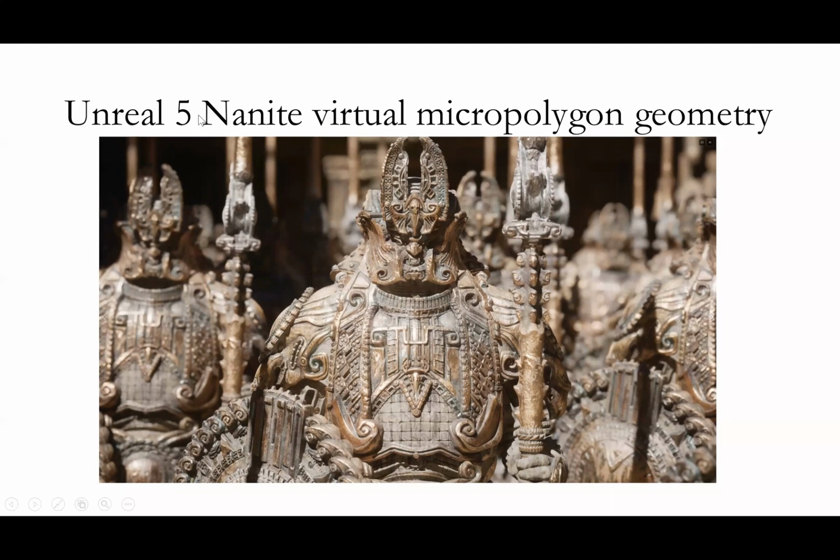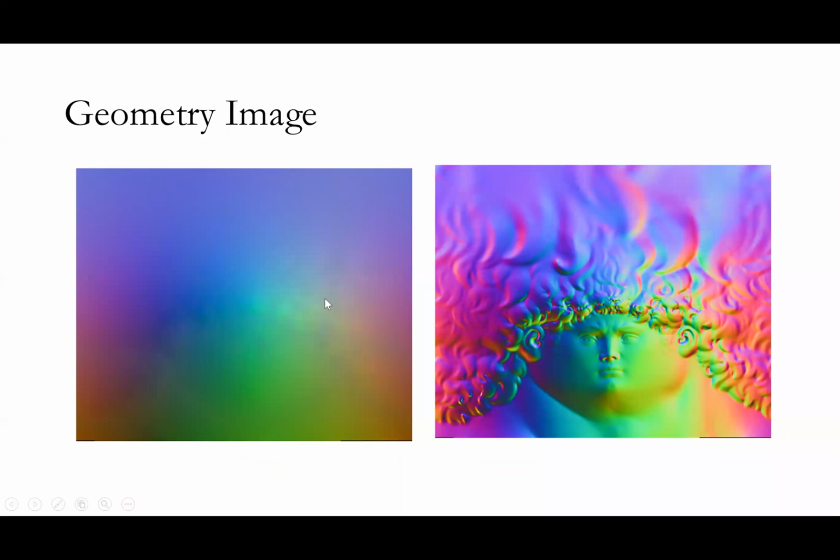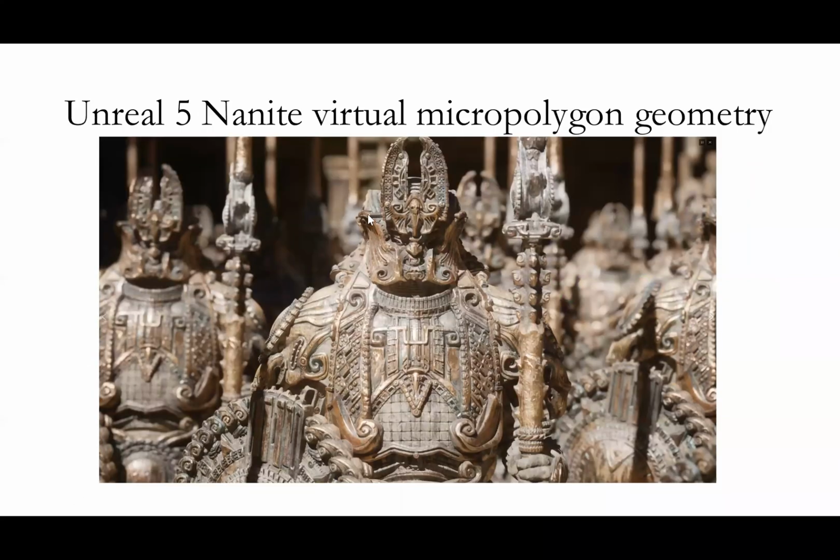So we know that Unreal Engine 5 has invented a new method called Nanite virtual micro-polygon geometry. For this warrior model, there are millions of small triangles, so the detail is super rich. Basically, they use something very similar to geometry image: they represent the geometry using a 2D image. Then they use virtual texture technology to support a huge, effectively infinitely big geometric model.